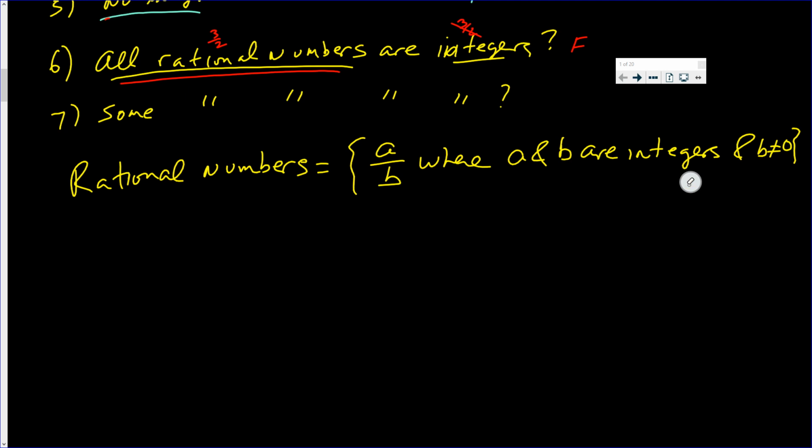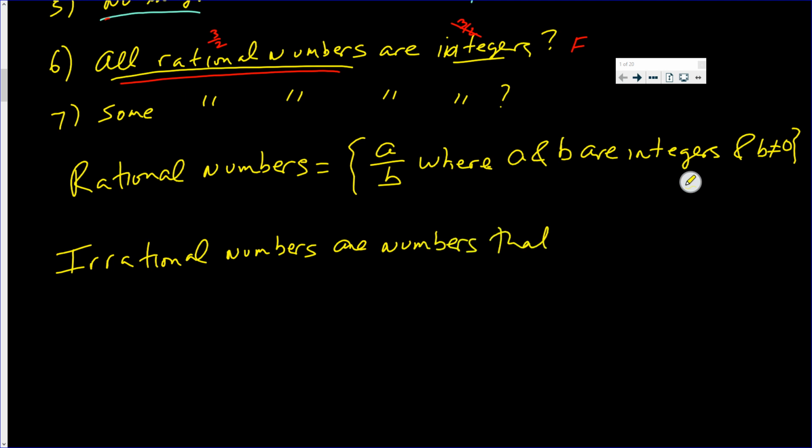That is how we defined the rational numbers. The irrational numbers are numbers that are not rational. The prefix IR means not. It's not rational.